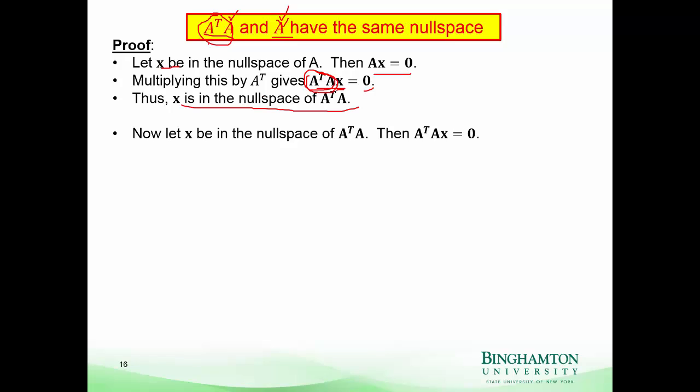Now let X be in the null space of A transpose A. Then we have this. Now we cannot make any progress by multiplying by A or A transpose like we did above. That doesn't help us. But we do a similar trick. Now we're going to multiply both sides by X transpose. And so now we get something that looks like this. So that thing on the left is equal to 0.